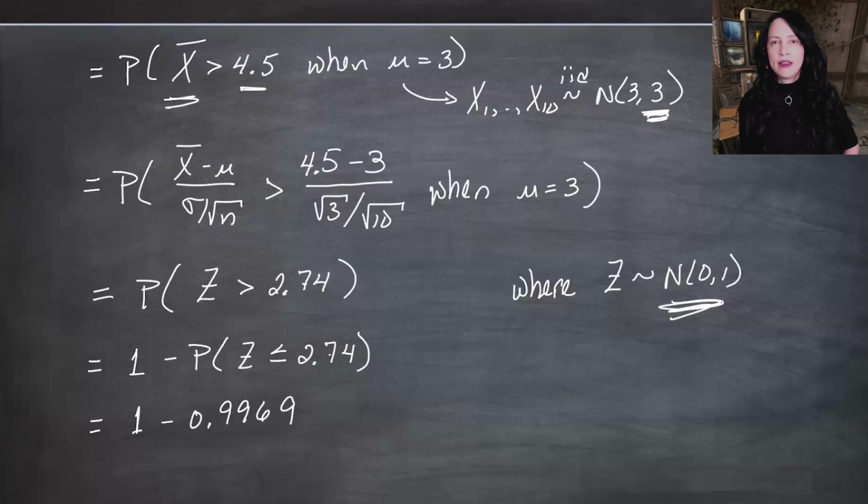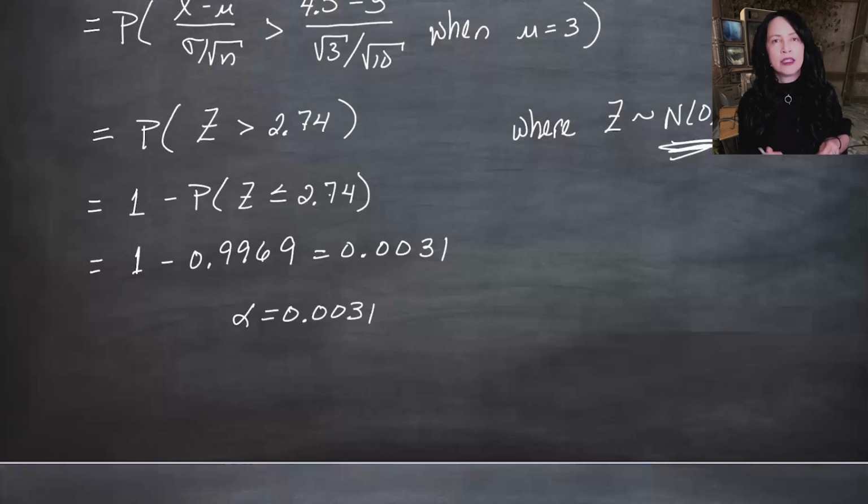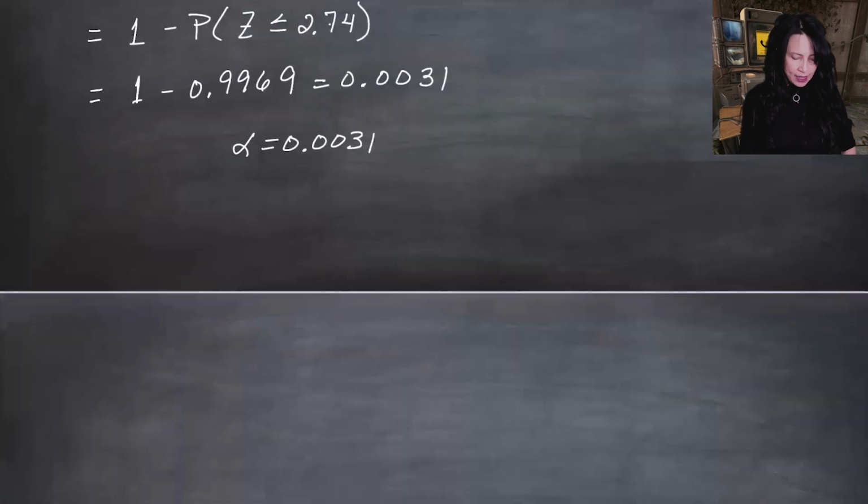So make sure you can get that number either by software or the table. We're not really going to need it in here because this is an example with real numbers, but for the most part, things are going to stay symbolic and look like critical values like z sub alpha. But this is 0.0031. So that's our alpha. That's the size or level of significance of the test, which is the probability of us making that type 1 error where we reject the null hypothesis, but we shouldn't because it's true. Okay, let's look at beta.